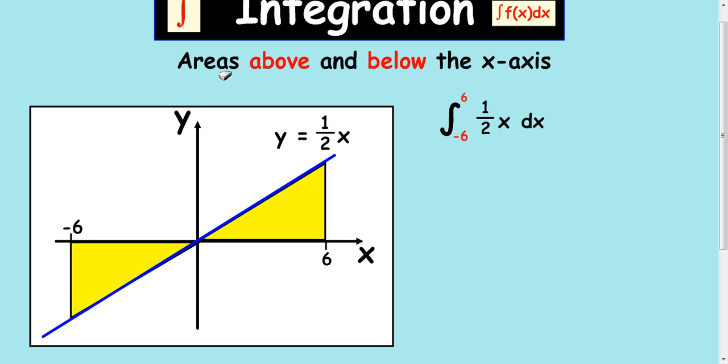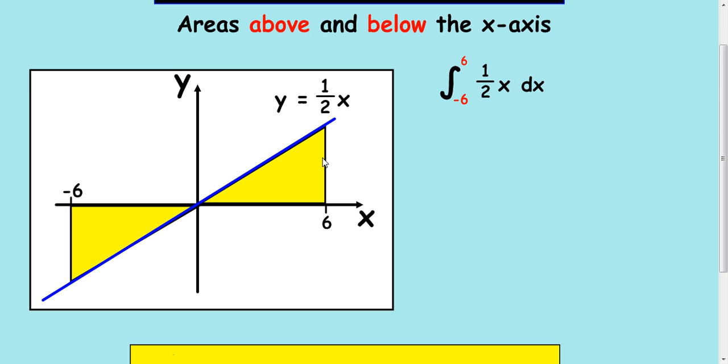What about this example here, areas above and below the x-axis? Well, if we were to integrate y equals a half x as normal between 6 and negative 6, something strange happens here. So let's have a look. Integrating a half x, so that's x to the power 1, so add 1 to the power, you're going to get a 2. And if you do a half divided by 2, you're going to get a quarter.